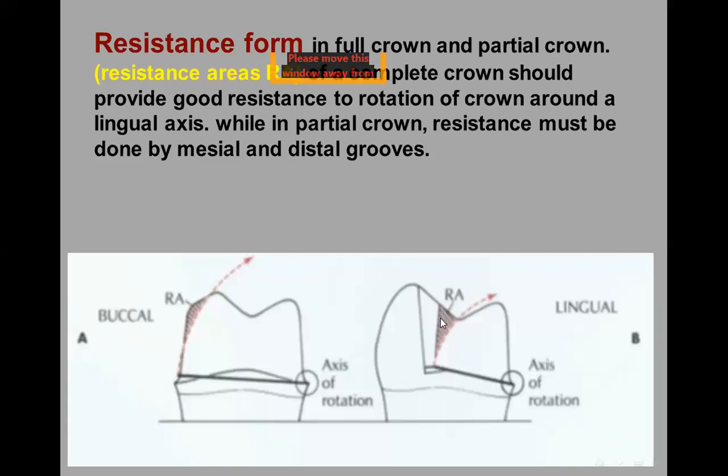So the retention will be nice in this partial veneer due to the presence of the resistance area in the retentive groove part. And this will block the lateral movement, or resist the movement of the restoration on the partial veneer preparation.